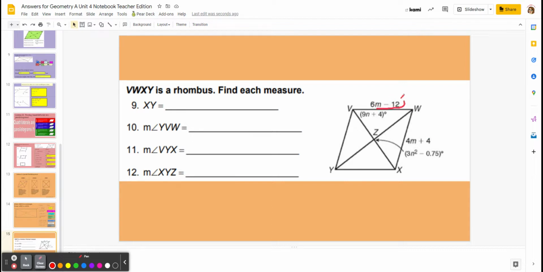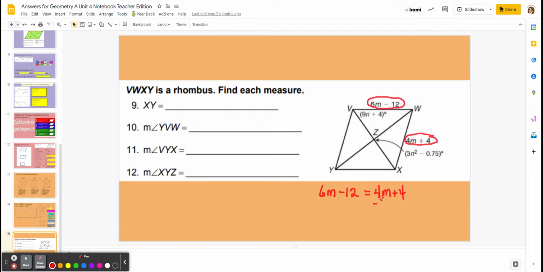So since side VW is 6m minus 12, and WX is 4m plus 4, I can set them equal to each other. Because rhombuses have four congruent sides.